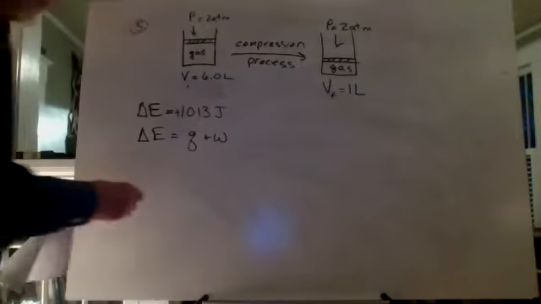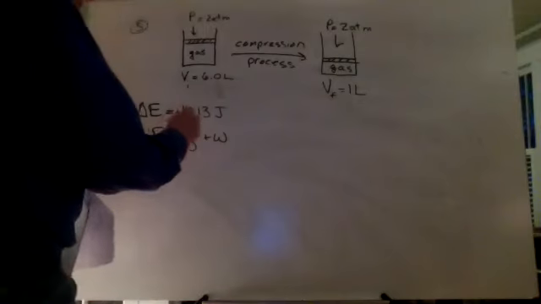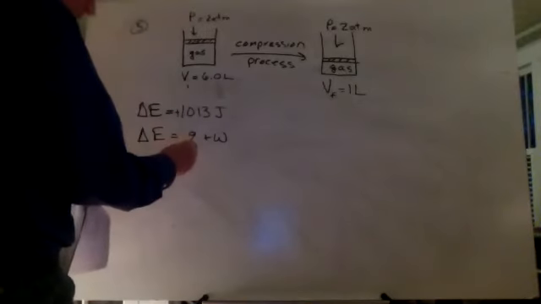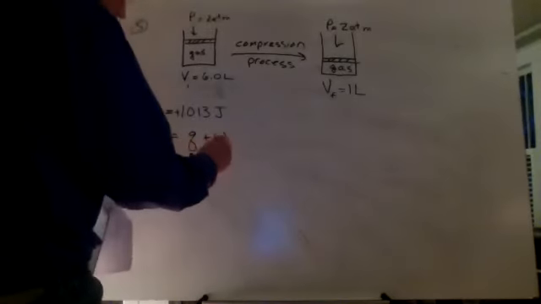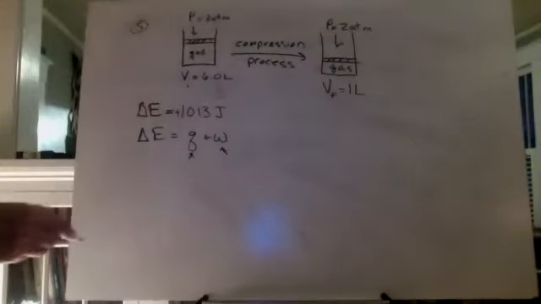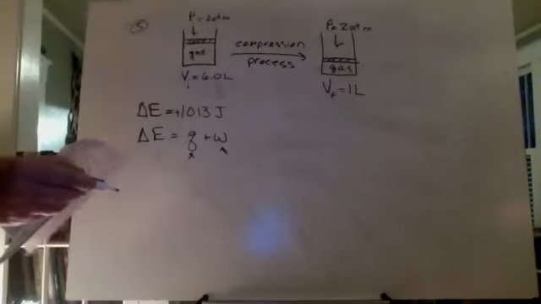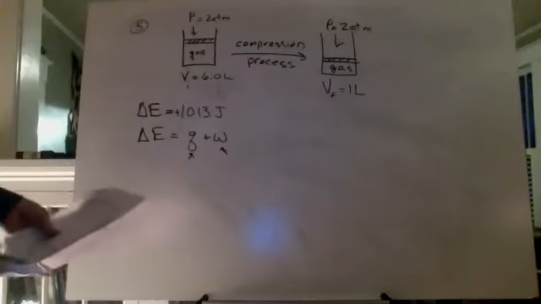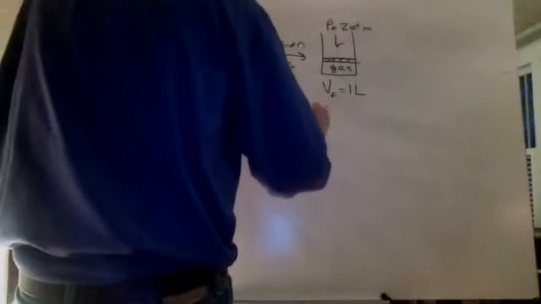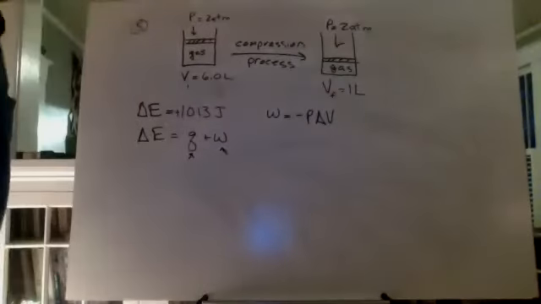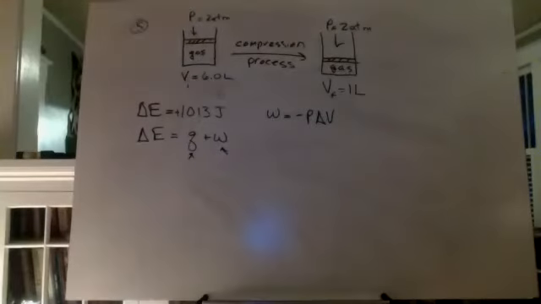But what we want to know is how much of this total energy change was due to heat flow, Q, and how much was coming from work. Well, we have an equation for calculating the work. Work is equal to minus the pressure times the change in volume. Know that equation. You will definitely use it in the test on Thursday.